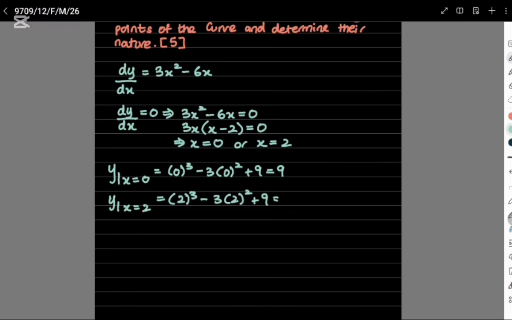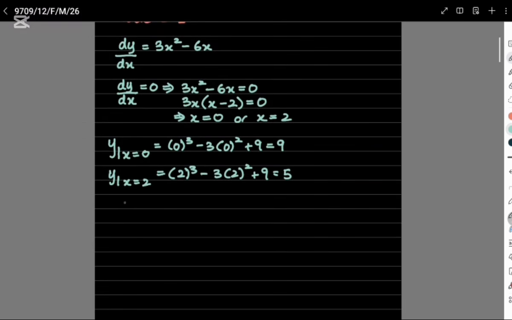Let me check that out. 8 minus 3 times 2 squared plus 9, which gives us 5. So we have found the coordinates to be (0, 9) and (2, 5).